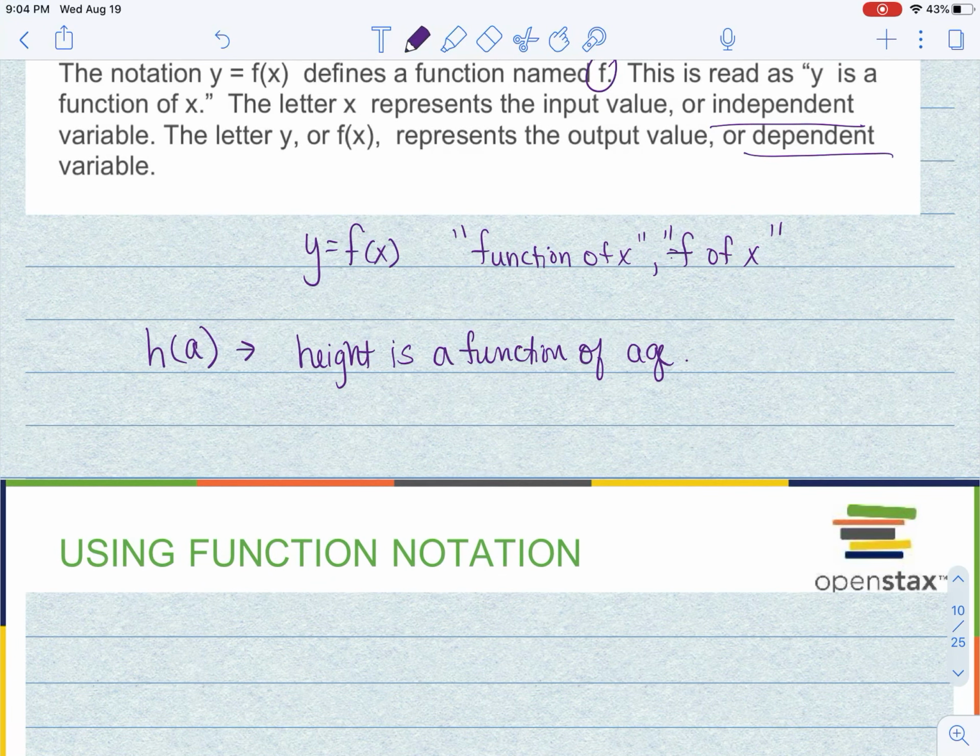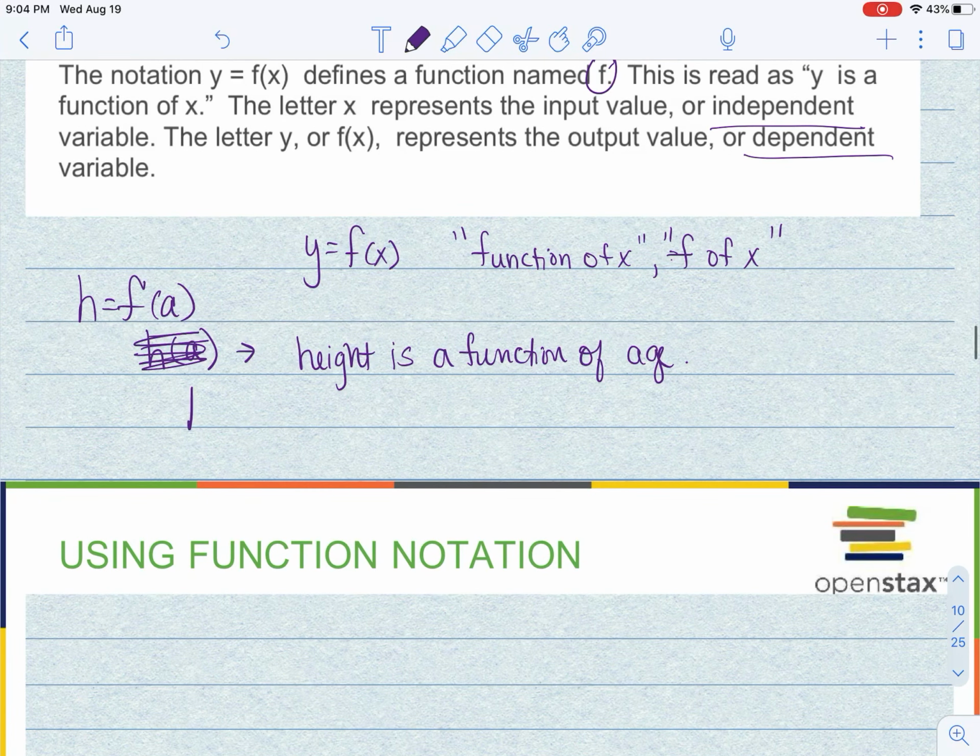Actually, I'm saying that wrong, so let me correct myself. Let me write it this way: h equals a function of age. There we go. Sorry. But again, you still might see a function written like that, h of a, which still might represent height as a function of age.